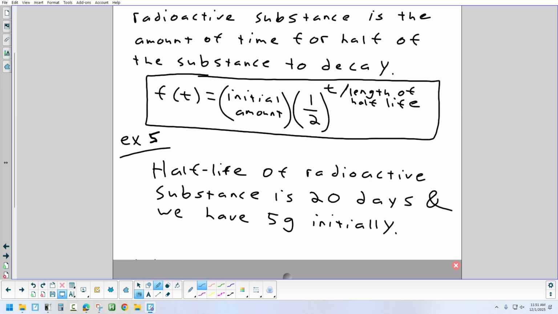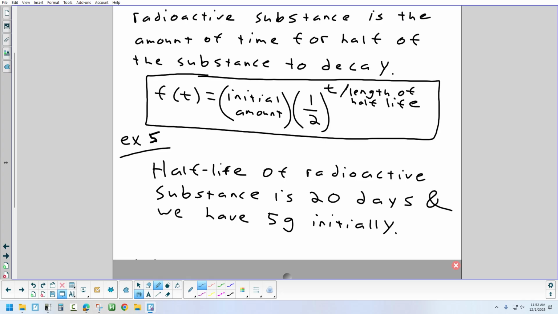Okay. So we're going to have a substance that has a half-life of 20 days, and we're going to start with 5 grams of it. So how much would be left after 20 days? Yeah, 2.5.